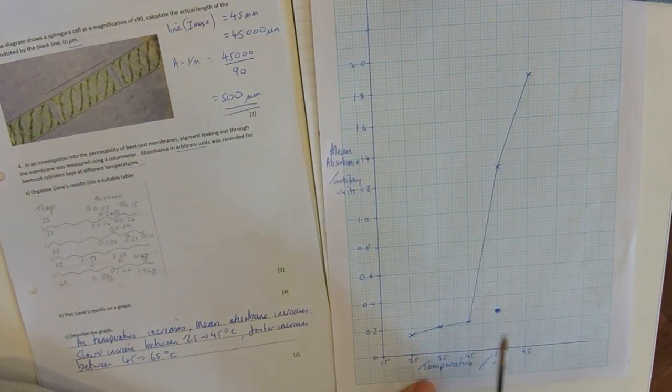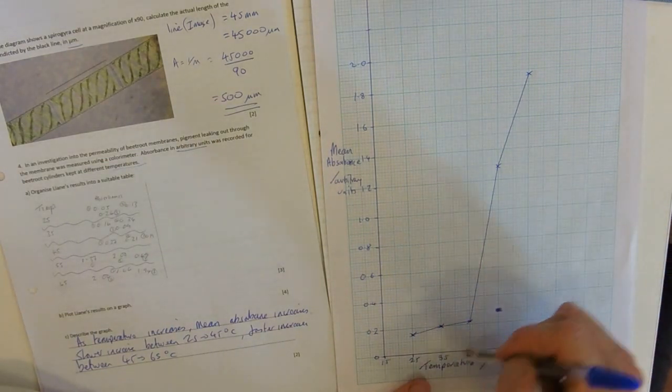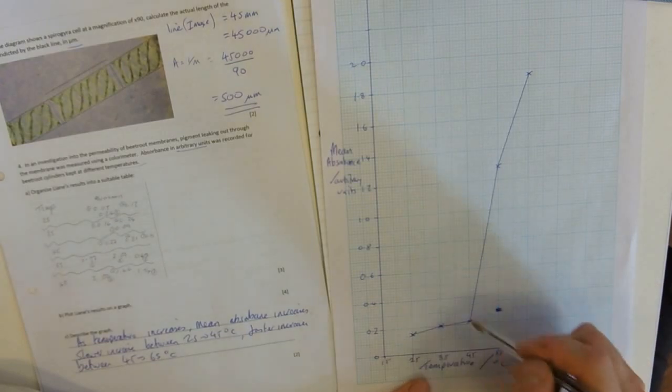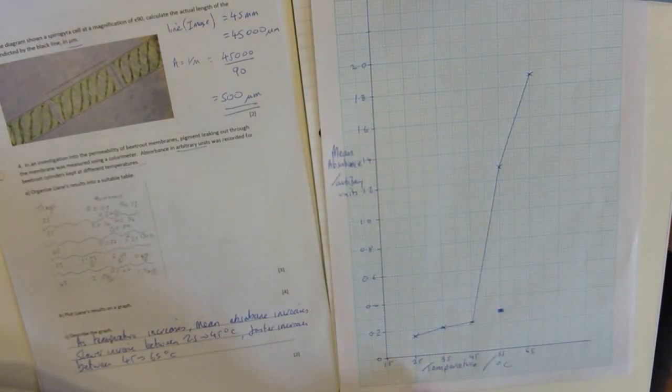So slower rate, we could triangle and calculate a rate, and the faster rate of increase between 45 and 65, or you could describe how many times.